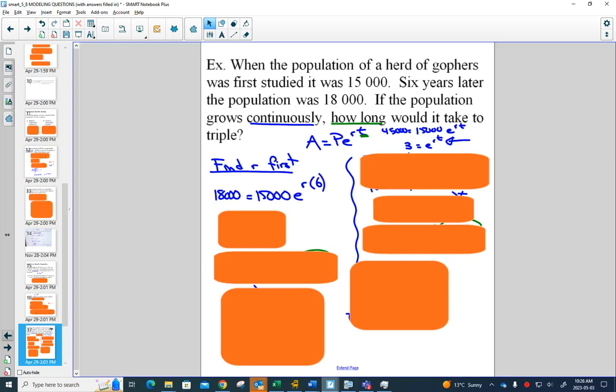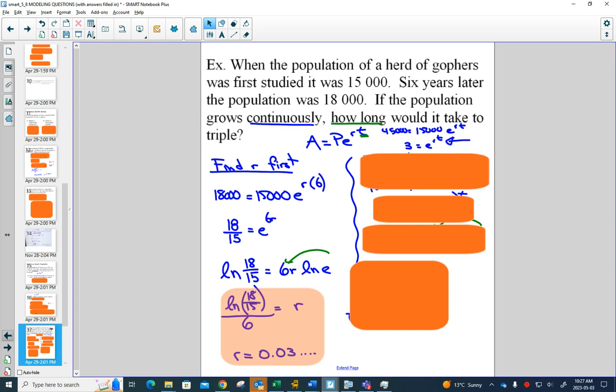Again, get the power by itself. You'll get 18 over 15 when you divide both sides by 15,000. Again, the base is e, so I'll use natural logs. And I can solve for r.